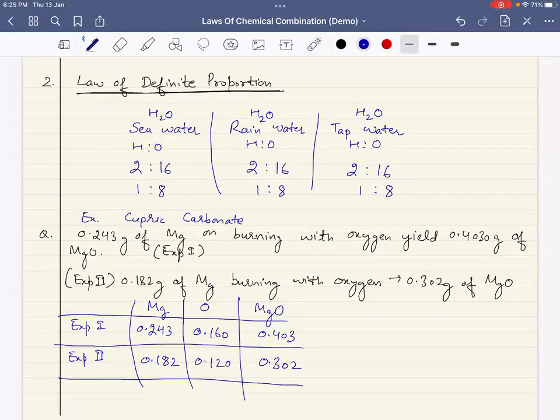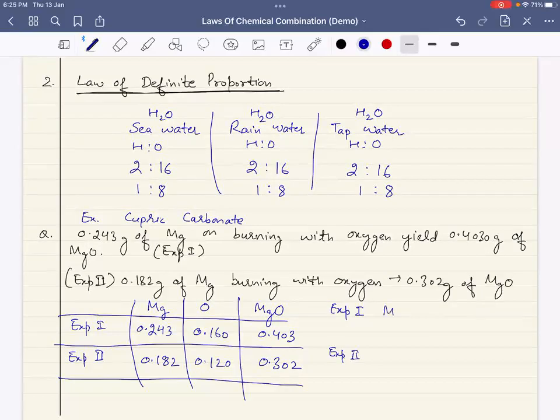Now let us calculate the ratio by mass of magnesium and oxygen in experiment 1 and experiment number 2.